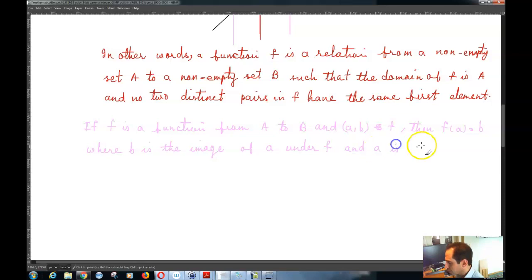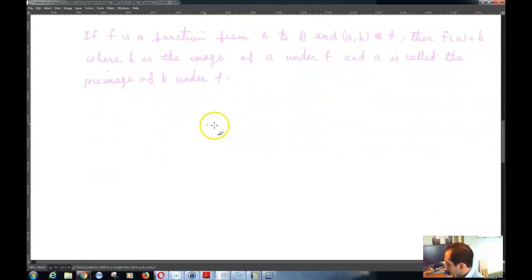And the notation that we use for a function f from A to B is this notation, f from A to B. This is the notation that we used.